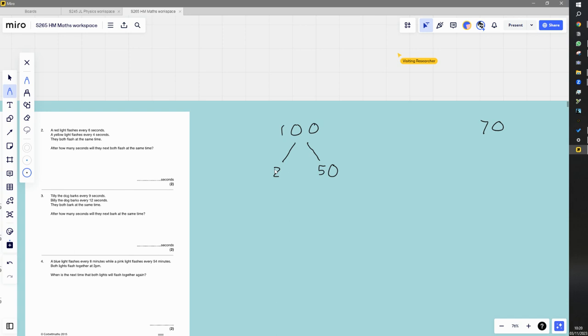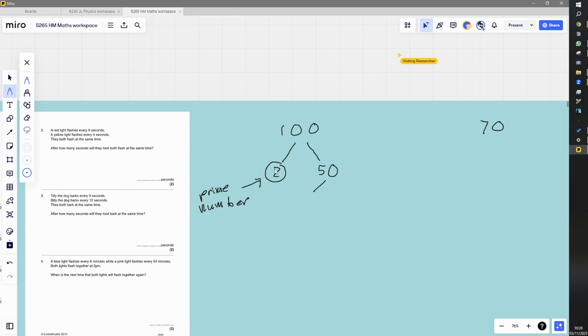So, for example, 50 could be divided by 2 again. 2 can't really be divided. I mean, you can divide it by 2 again and get 1 and 2, but that's just going to give you another 2. So we say that's ended. And if we can't divide it any further, then we call this type of number a prime number. So a prime number can only be divided by itself and 1.